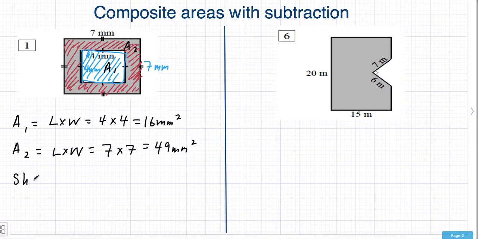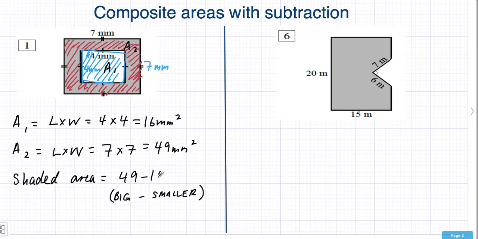So for the shaded area, we're going to have our big area subtracting our smaller area. So it's going to be 49 take away 16, which is going to be 33, and this will be millimeters squared. So that means that this part in here, the red part, is 33 millimeters squared. We're not interested in this blue part in the middle here. We're only interested in the red part, the shaded area.